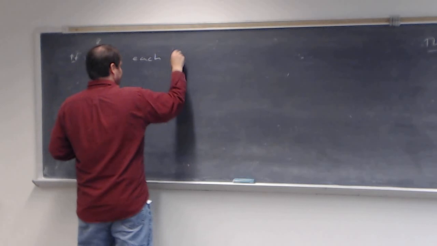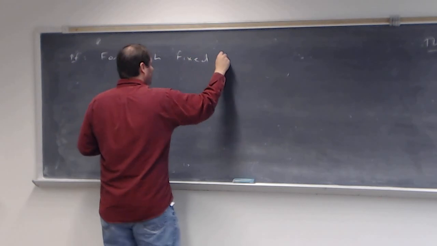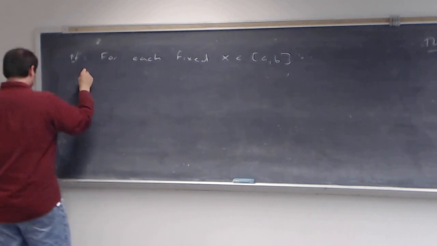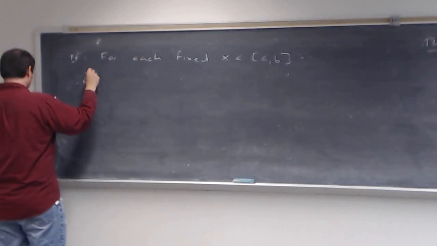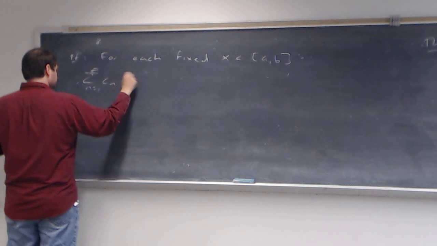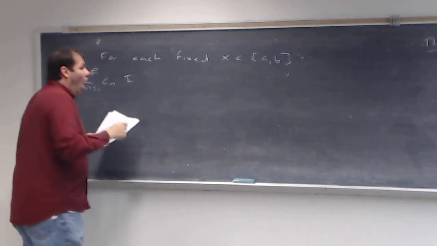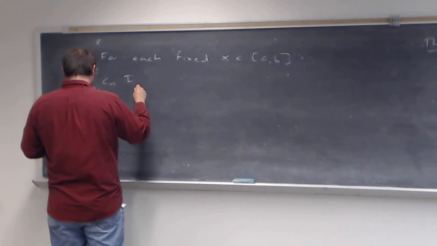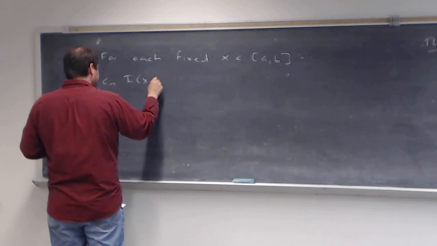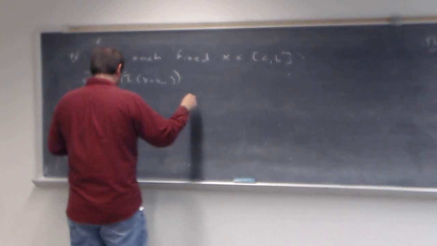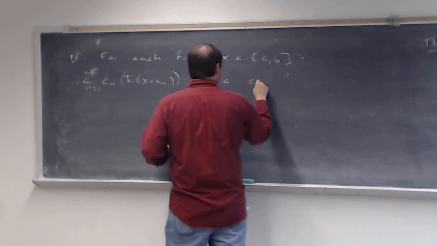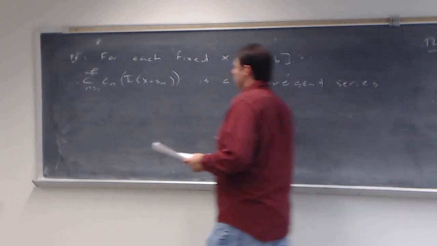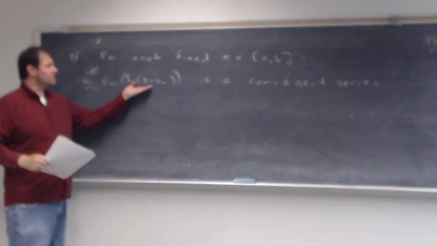It says for each fixed x an element of a to b, the sum, as n runs from 1 to infinity, of c sub n times I of x minus s sub n is a convergent series.